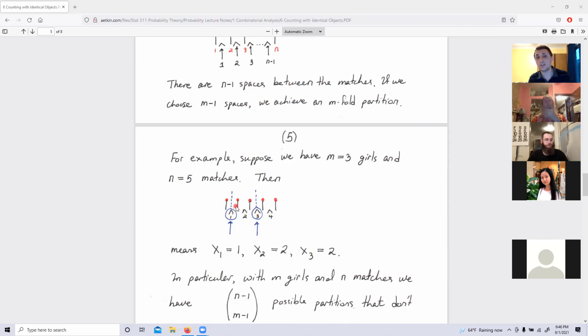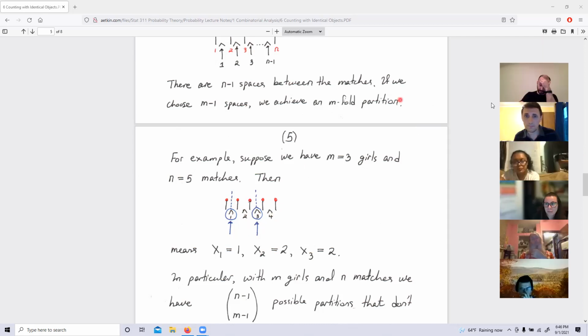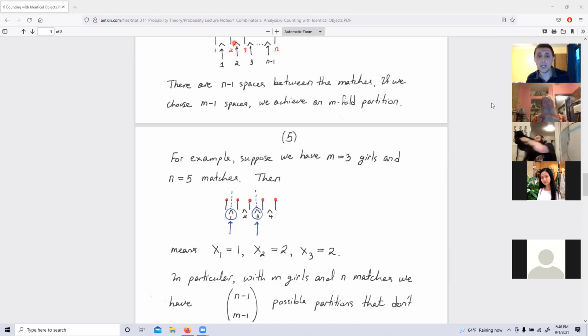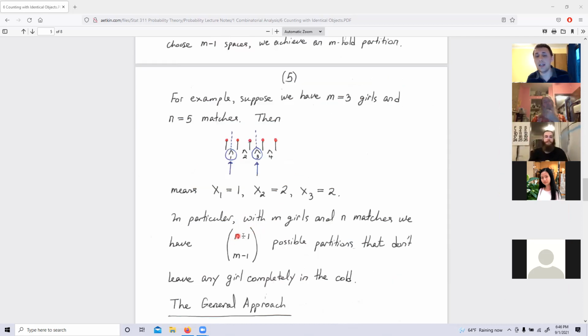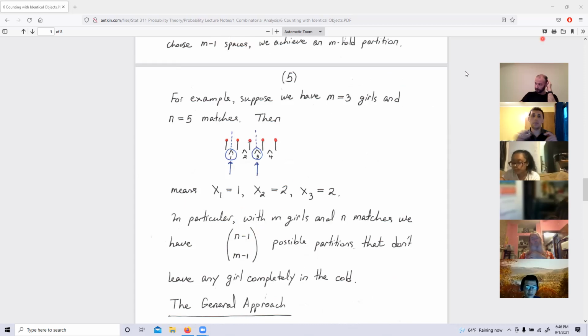So it's 4 choose 2, and that is the number of possibilities for division. Good. And in general, if I have n objects, I need n minus 1 spaces, and out of them I need to choose m minus 1 to partition into m parts. So it's n minus 1 choose m minus 1. That's directly solved. Right?